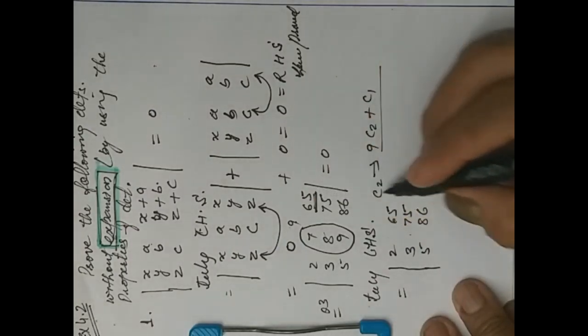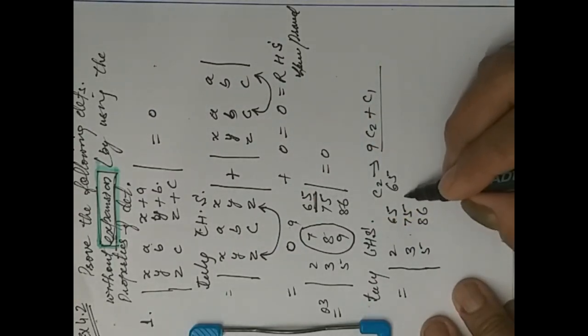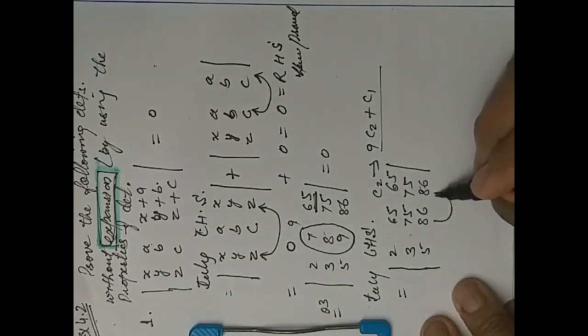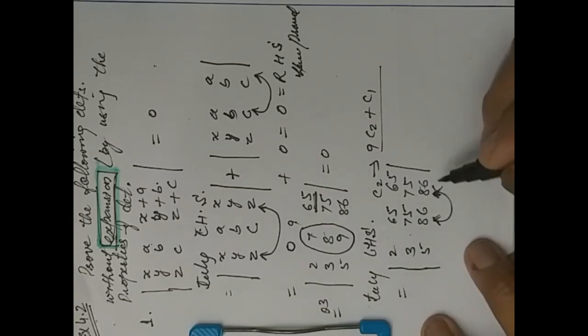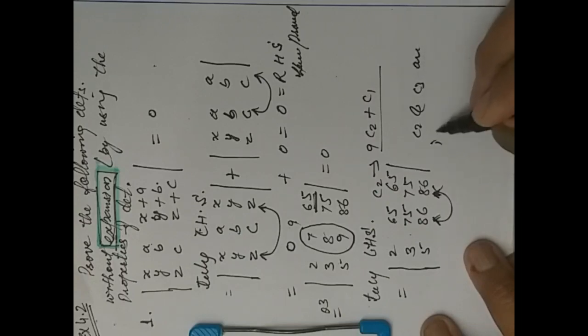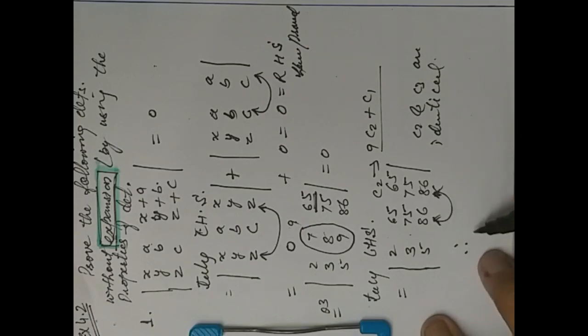This is C2 and now C3, 65, 75 and then 86. Now look here, C2 and C3 are identical. C2 and C3 are identical. Therefore, its value is equal to 0, is equal to right hand side, as proved.